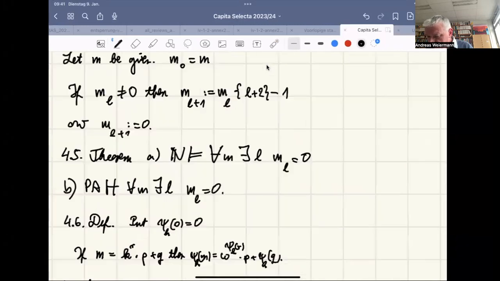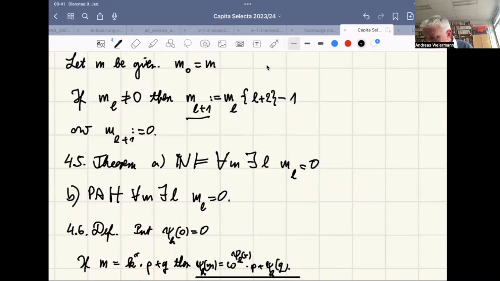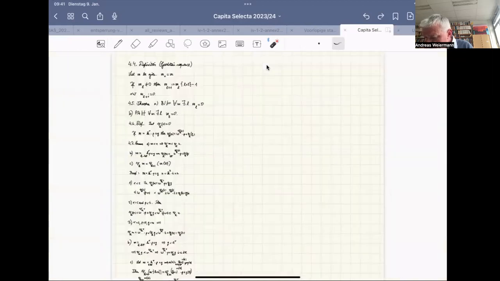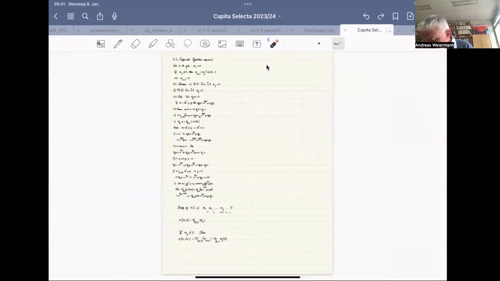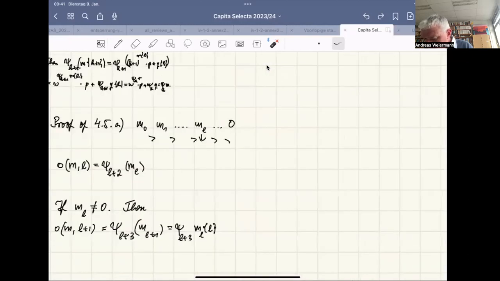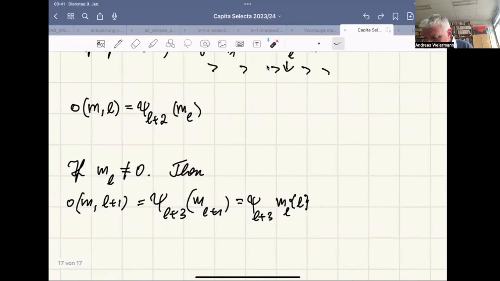Here I was wrong. If I define ML plus 1, I have to use L plus 2. So take ML and replace base L plus 2 by L plus 3.